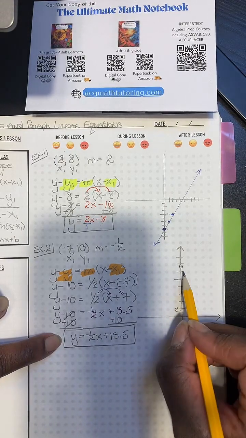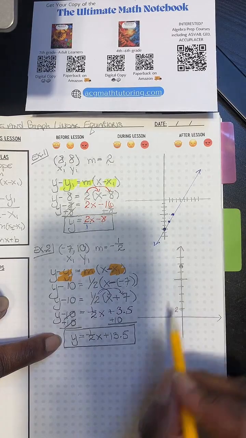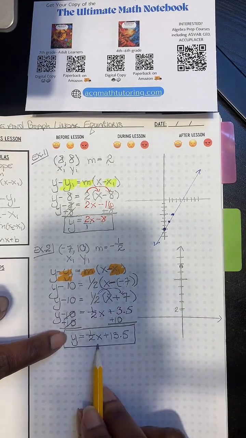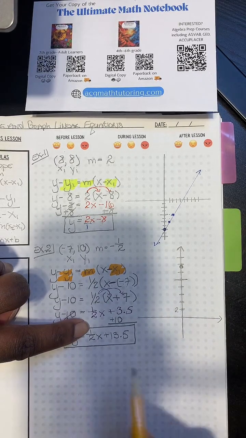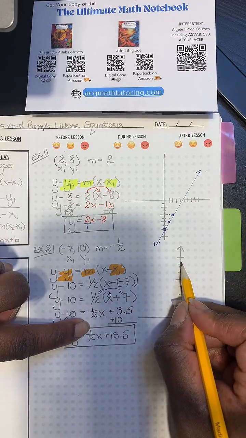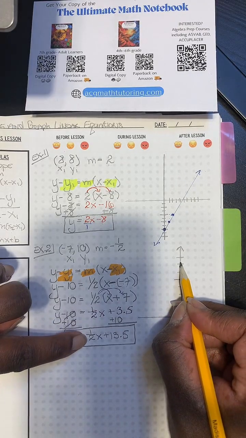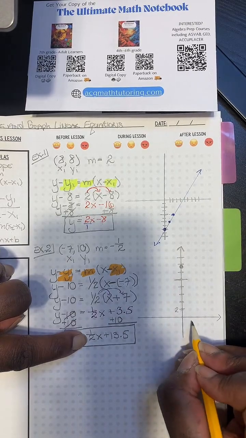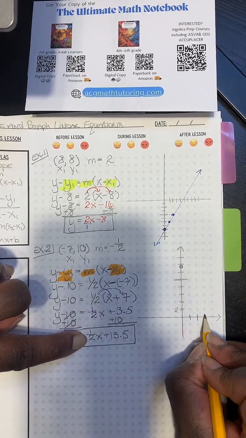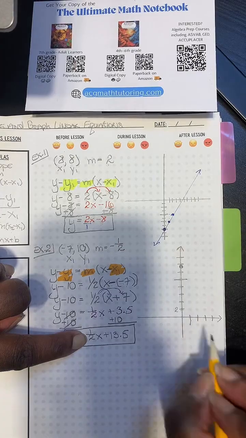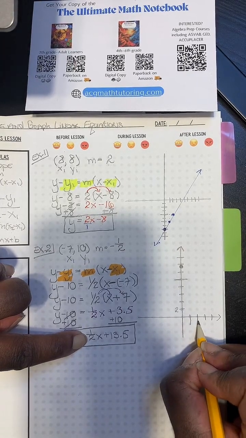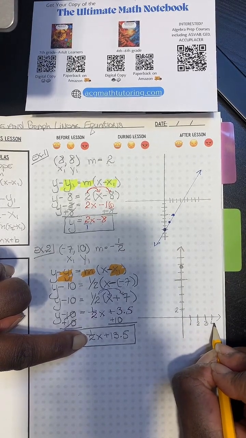Okay? So from here, I need to go from 13.5, I need to go up 1. So that will be 14.5 and over 2. Now my x-axis, I want to count by 1s. All right, so that'll be 1, this will be 2, that'll be 3, that'll be 4.